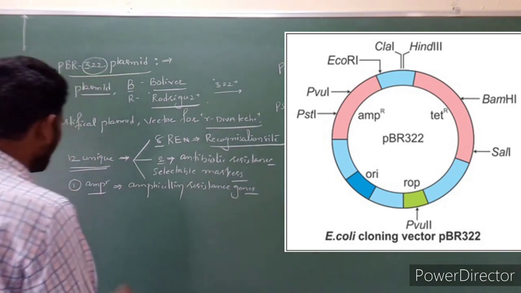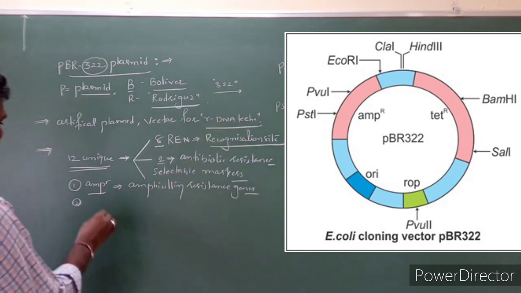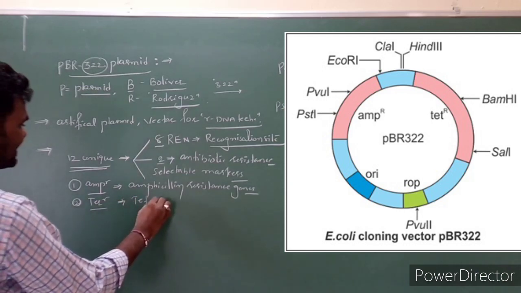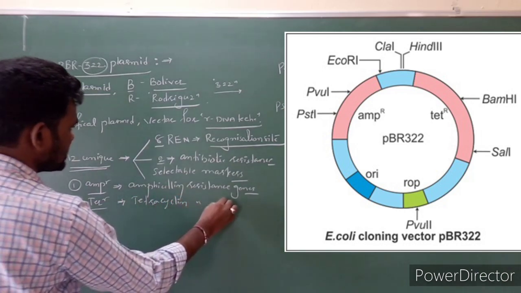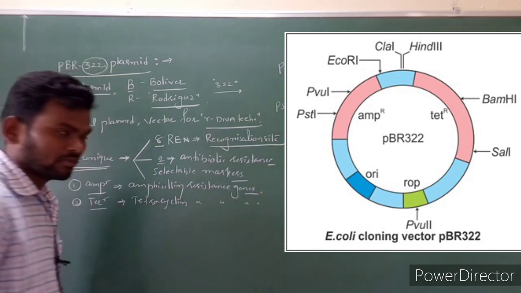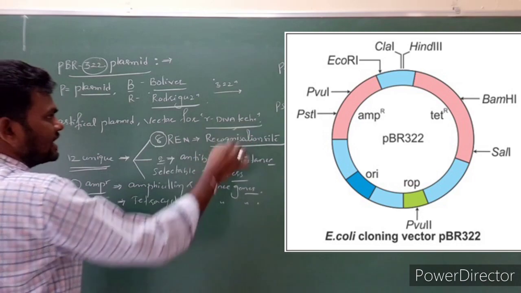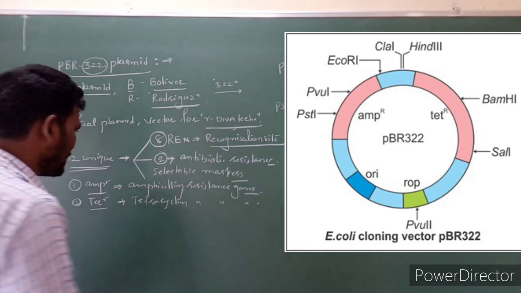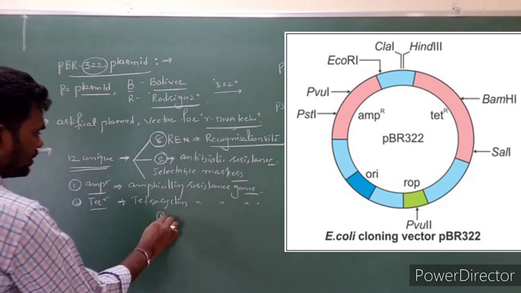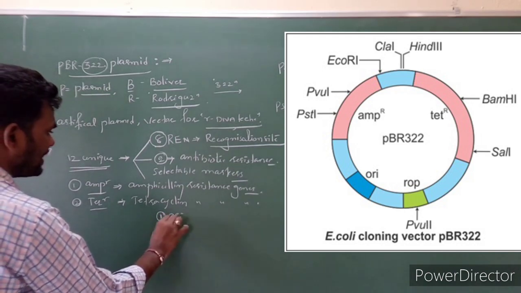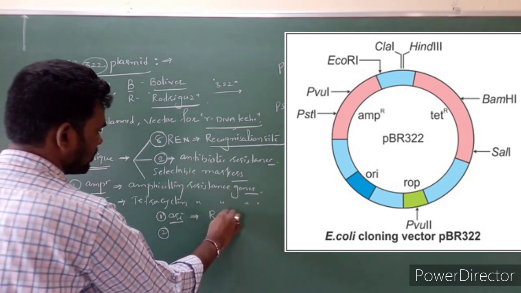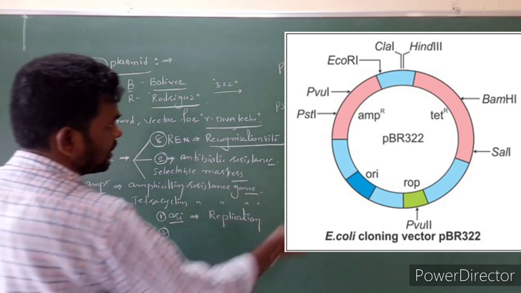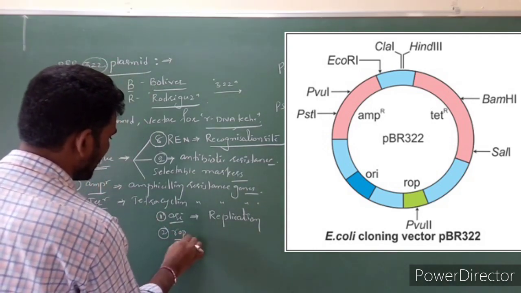Next one is TetR, it means tetracycline resistance gene. So 8 are recognition sequences and 2 are antibiotic resistance sites, and of the remaining two, one is the Ori site, which is for replication, and one more is the ROP sequence.